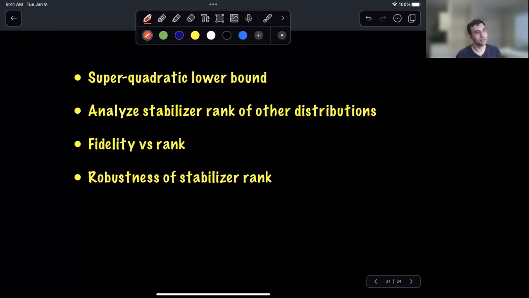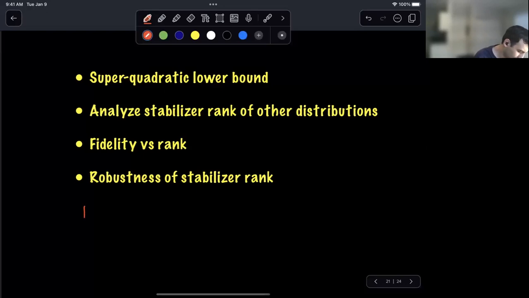The Haar measure simplifies the analysis a lot, but we couldn't go better than quadratic using it. One very simple distribution that we cannot analyze yet is this one, when phi and psi are both Haar measure and independent.